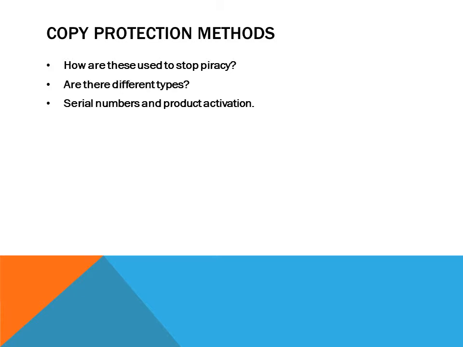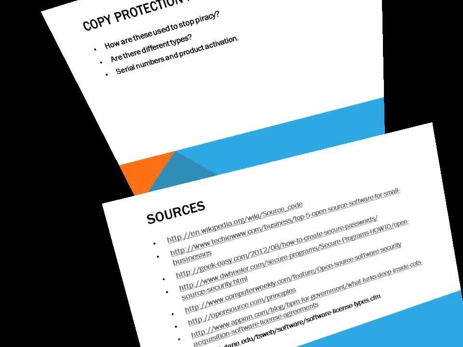There are several different types, including serial numbers or product activation, where a product is installed on a computer and then sends that information to the software headquarters. That way, if the same software is attempted to be used on a different device, the headquarters will be notified that it is an unauthorized use of the software.